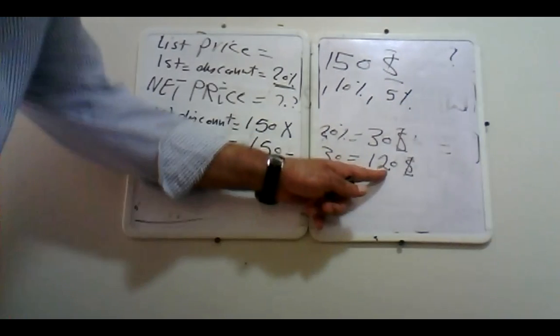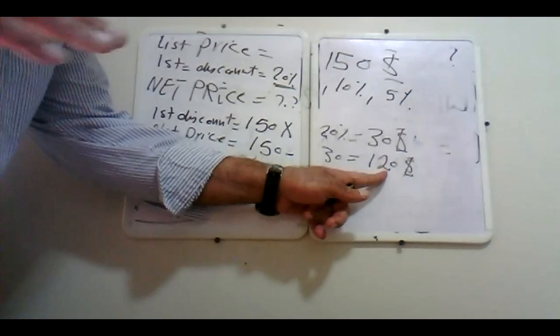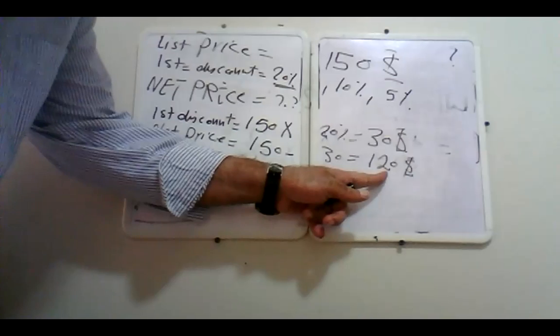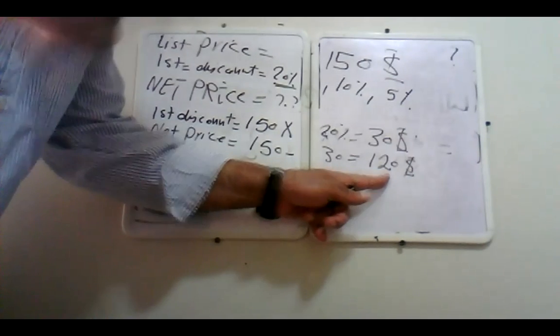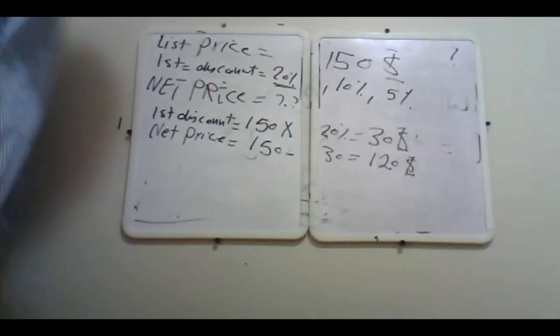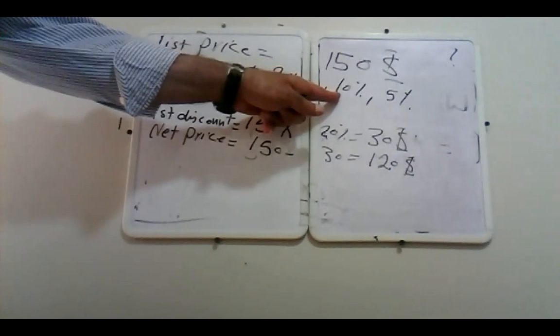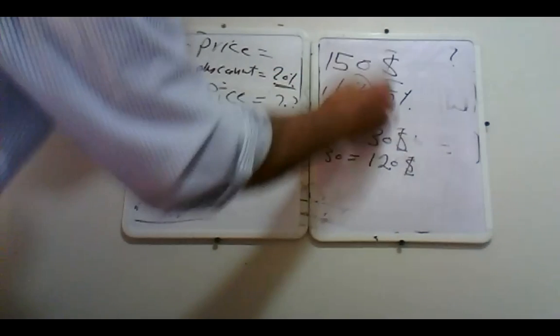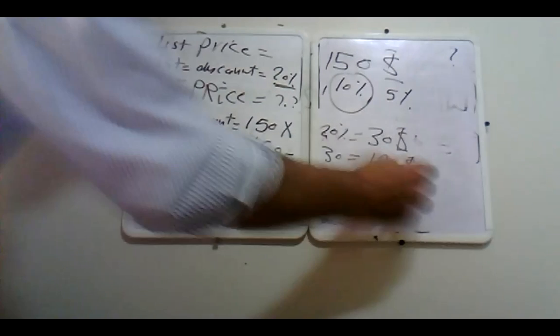So this net price of the first stage will be the list price for the second stage. In the second stage, we have a discount of 10%. We are done now with the first.